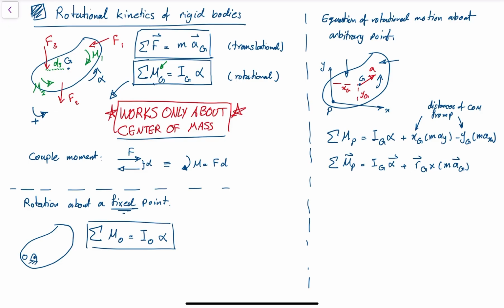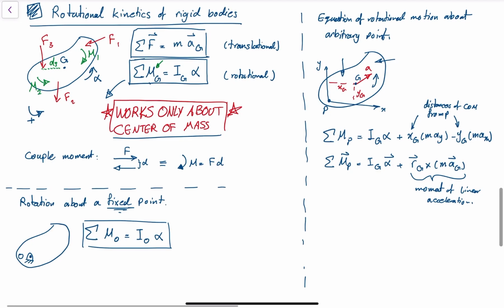This is an easier way to remember. What you're dealing with here is the moment of linear acceleration. You're adding the moment of linear acceleration to your total acceleration terms. Okay. Oh, wait a second. I didn't box this.